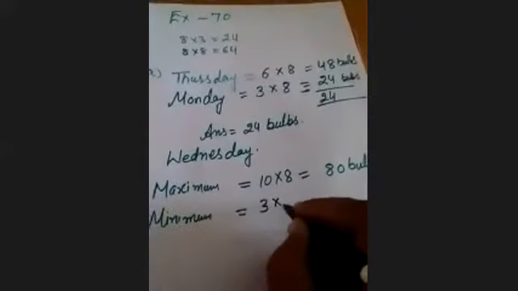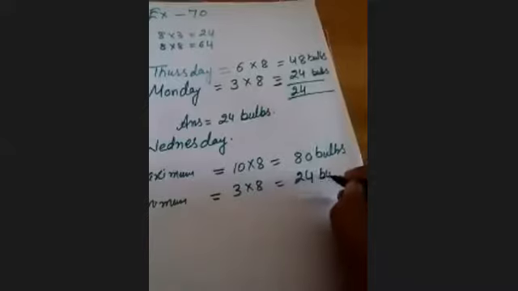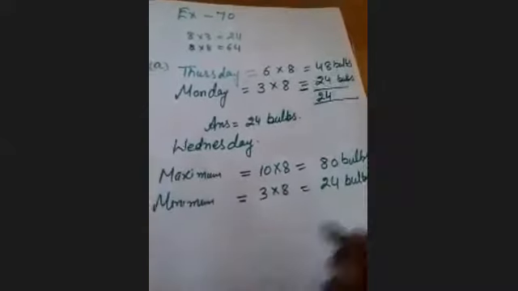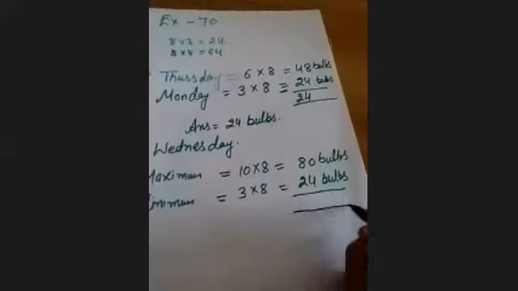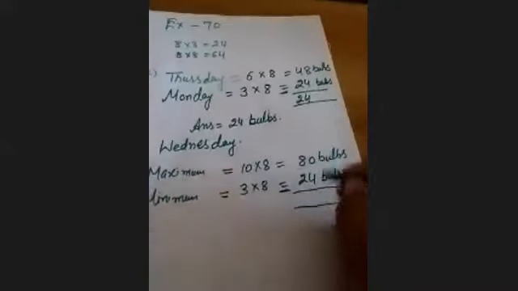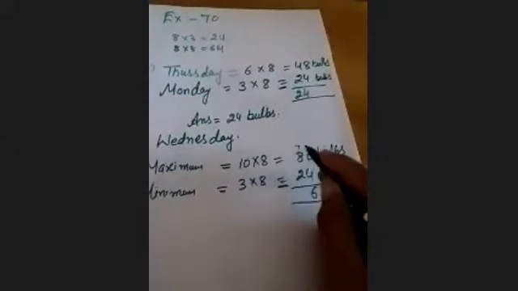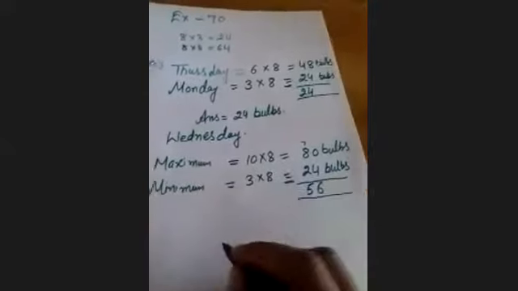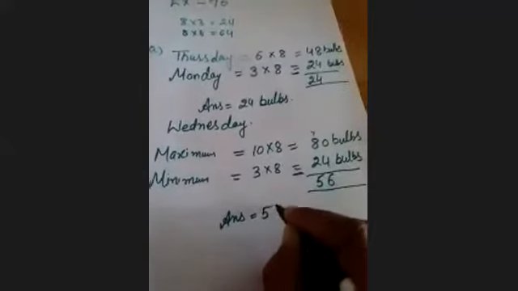Only 1, 2, 3, 3 pictures, which means 3 into 8, 24 bulbs. Now find the difference between them. Subtract and find the answer. 80 minus 24: 10 minus 4 is 6, and 7 minus 2 is 5. So the difference is 56 bulbs.